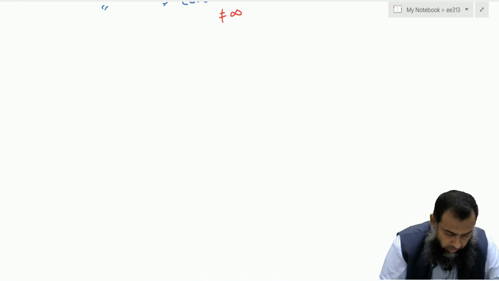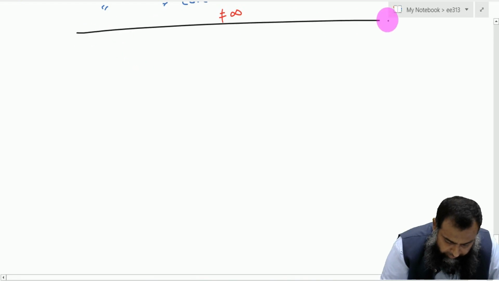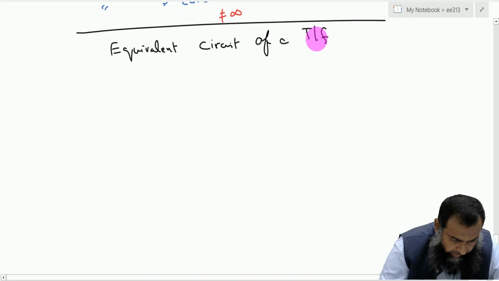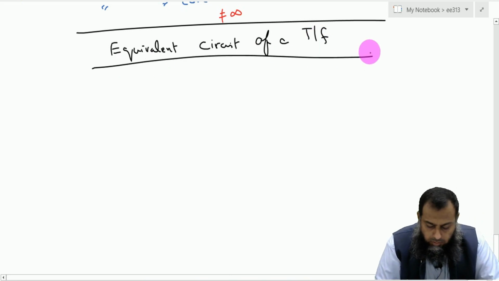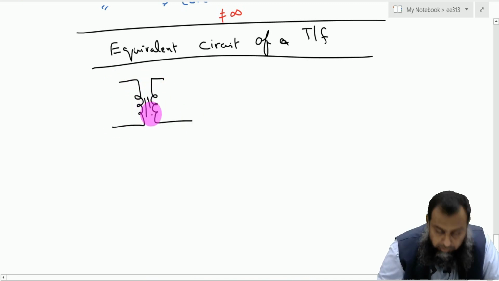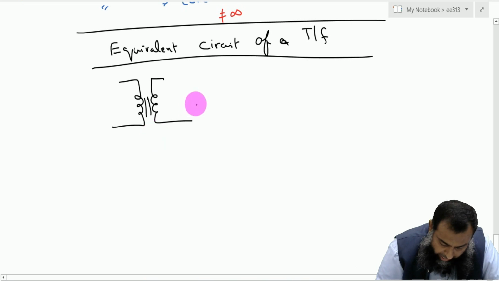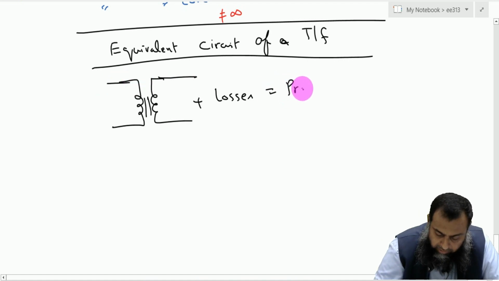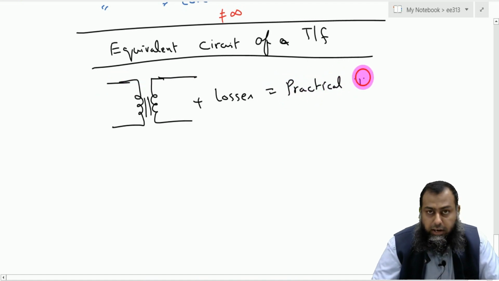So this particular topic is known as the equivalent circuit of a transformer, right? So we have seen that if this represents an ideal transformer, then we should add losses in this scheme so that it represents a practical or real transformer.